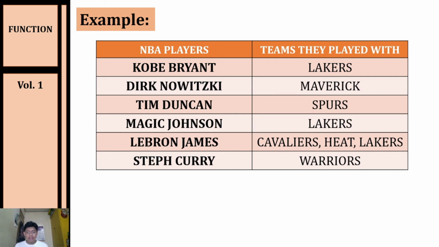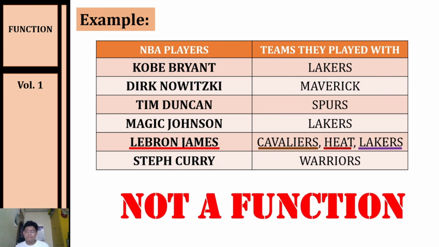Looking at the value of y, or the one on the right, we have one player who played with 3 different teams, and that is LeBron James. LeBron James played with 3 different teams: Cavaliers, Heat, and Lakers. Since LeBron James played with 3 different teams, this table of values will be considered not a function because we're given one value of x with 3 different values of y.